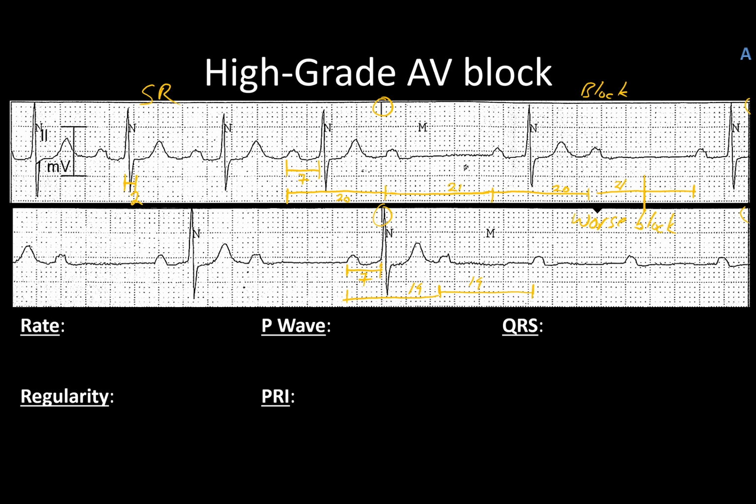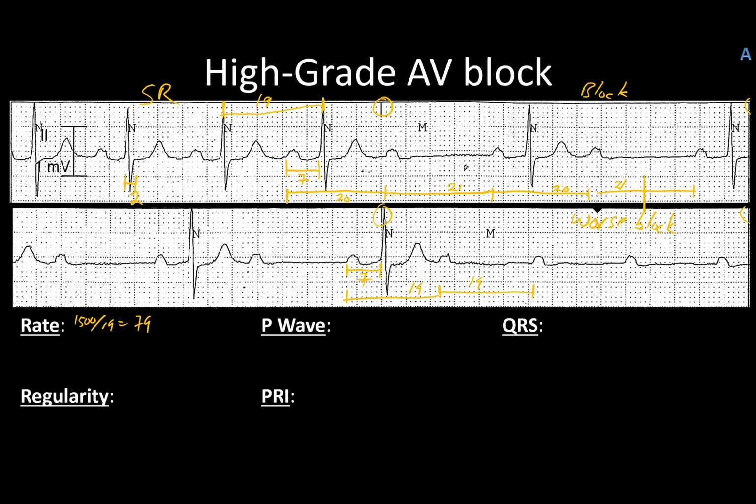Okay, so let's start walking through this. What do we got? Well, our initial rate, starting from here to here, is actually 19, so that equals 79. So we're essentially in sinus rhythm to start with, correct? P waves are upright, they're uniform, all that jazz.